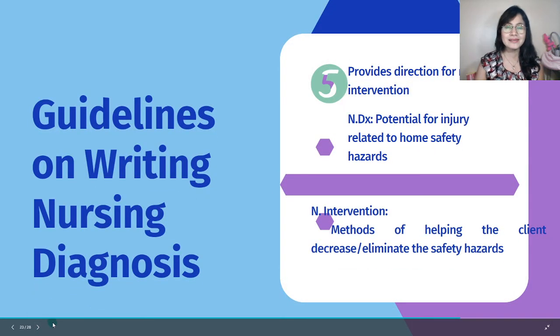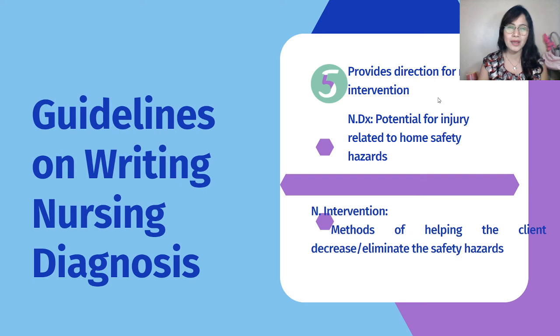Okay, so the next point is that the nursing diagnosis provides direction for nursing intervention. It is very crucial to be able to identify or construct the appropriate nursing diagnosis, because that's going to be the basis for your care for the client, and that is through nursing intervention.